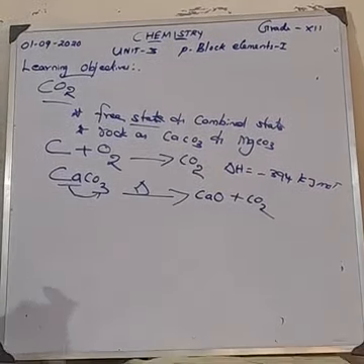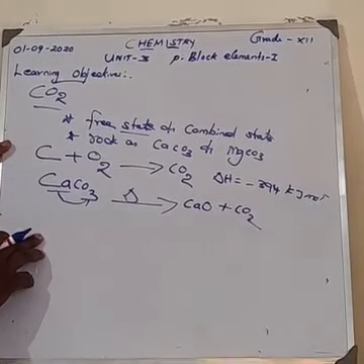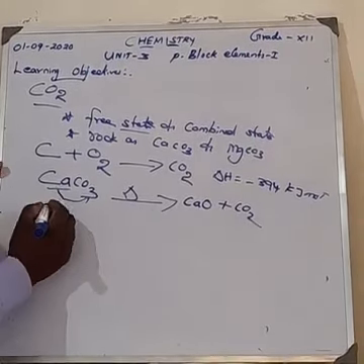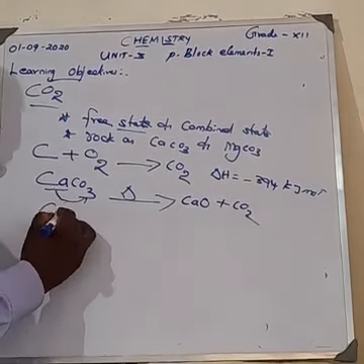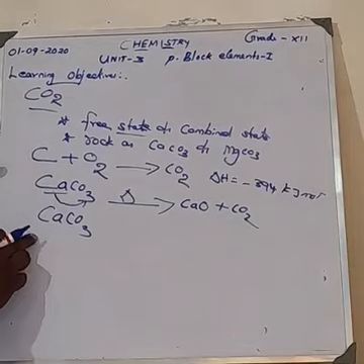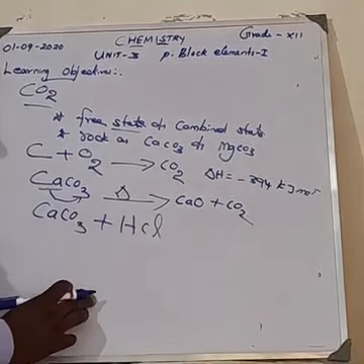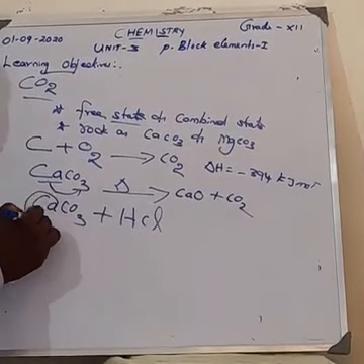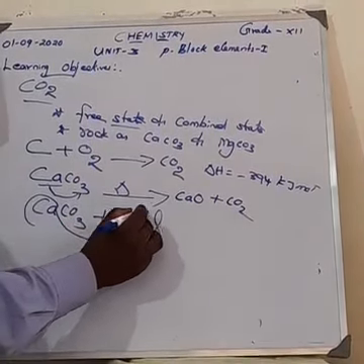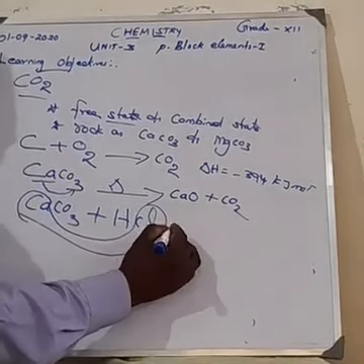The next one is laboratory preparation of carbon dioxide. For that we are using calcium carbonate. What is the formula for calcium carbonate? CaCO3. Calcium carbonate reacts with hydrochloric acid. Formula for hydrochloric acid? HCl. Calcium combines with the chlorine. What is the product obtained?